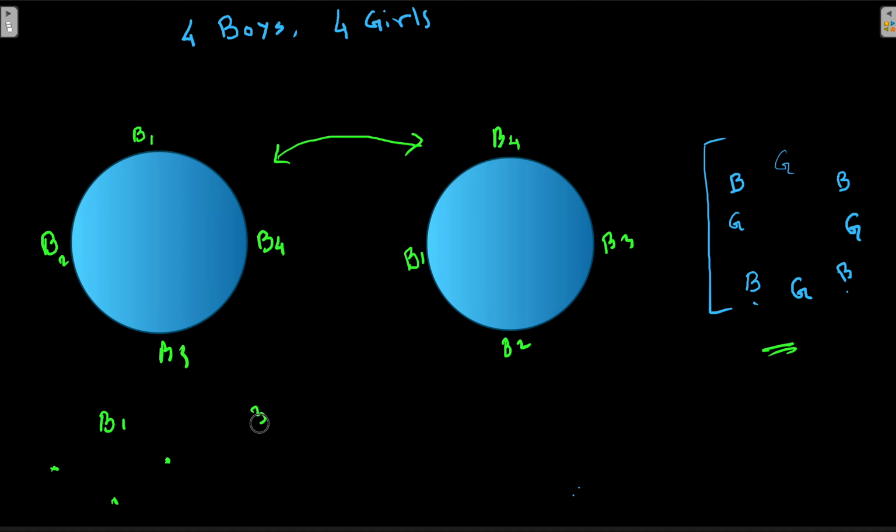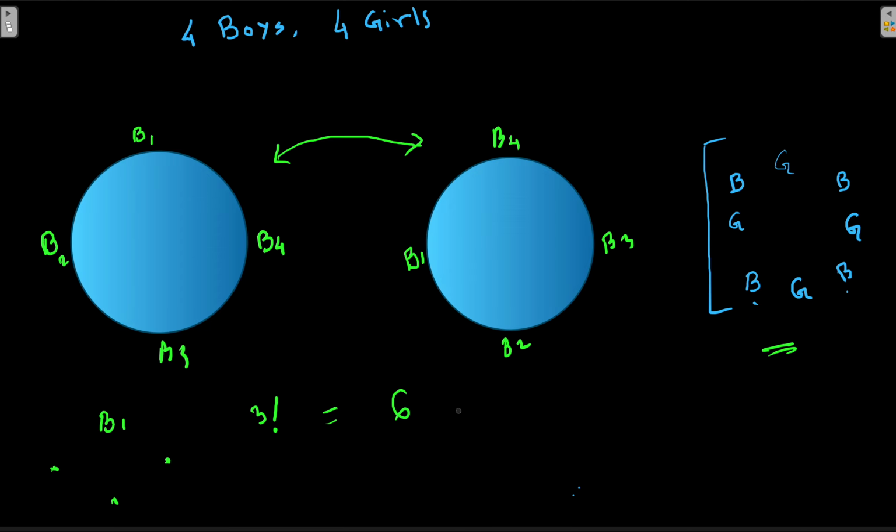So in how many ways can you permute 3? B1 is fixed, B2, B3, B4 are remaining, but they can sit anywhere in these 3 places. So you are permuting these 3 objects, and if you permute 3 people, it will give you factorial 3, which is 6.